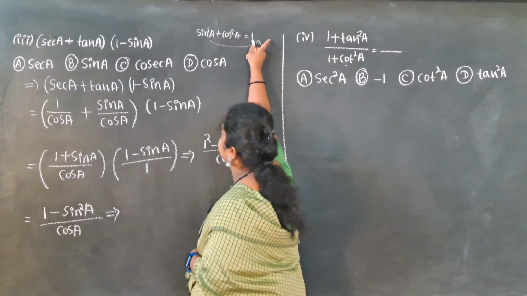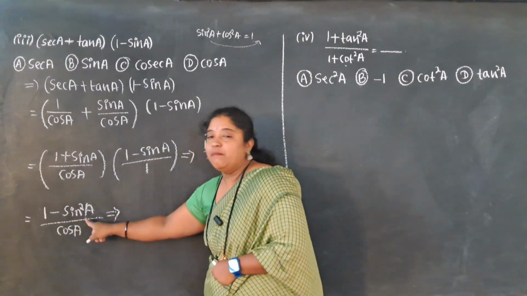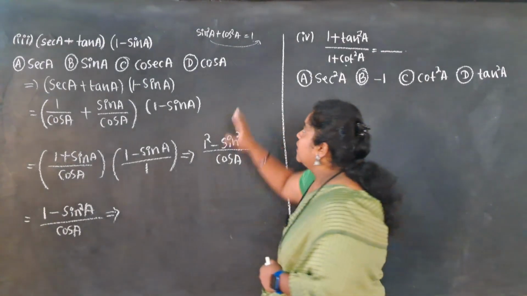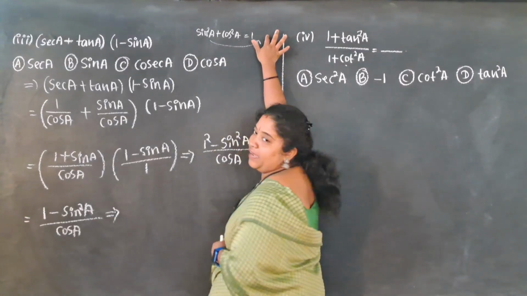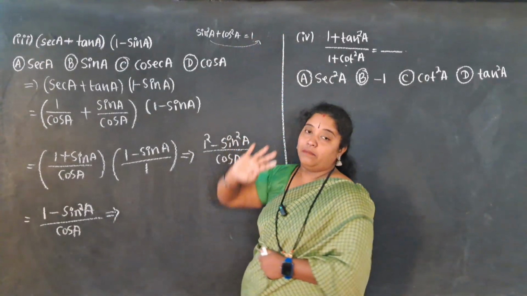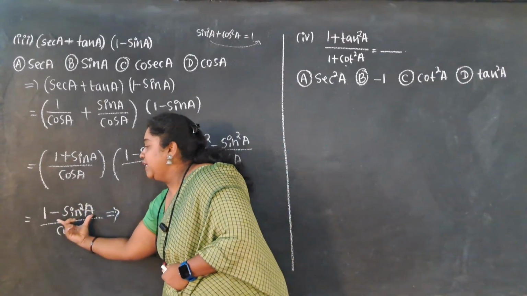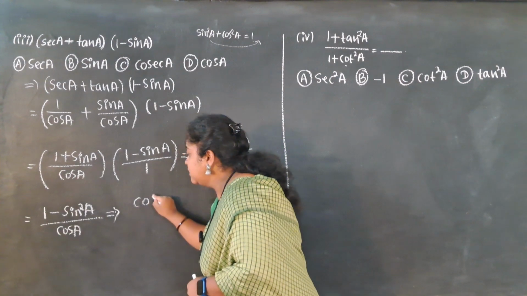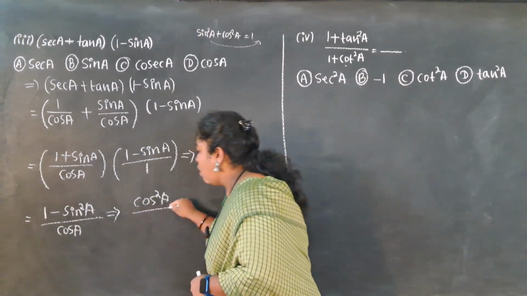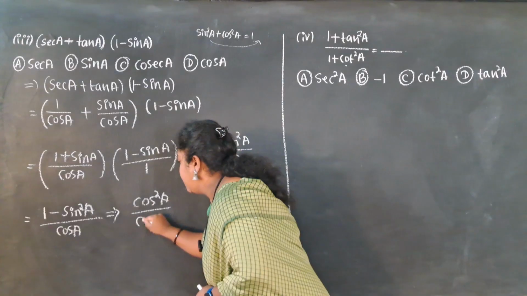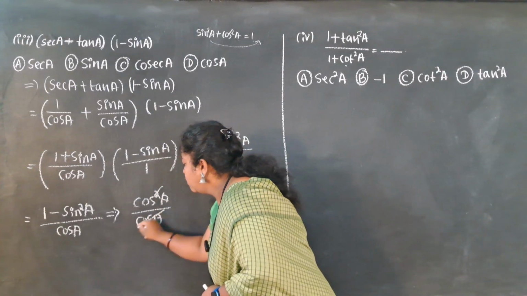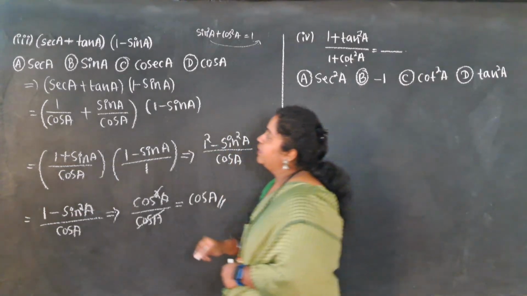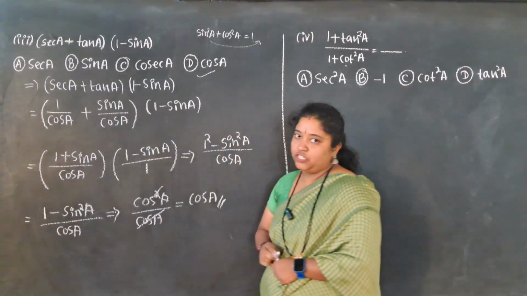Means 1 minus sine square A is nothing but cos square A. So instead of 1 minus sine square A, I'll be writing cos square A divided by cos A. So 1 cos got cancelled, and I am left with cos A. So what is the final answer I have, dear? I have cos A as the answer, option D.